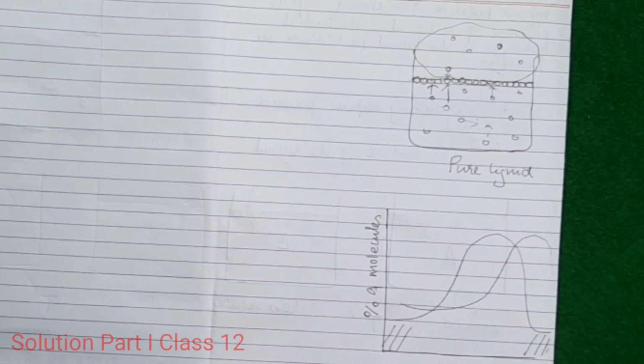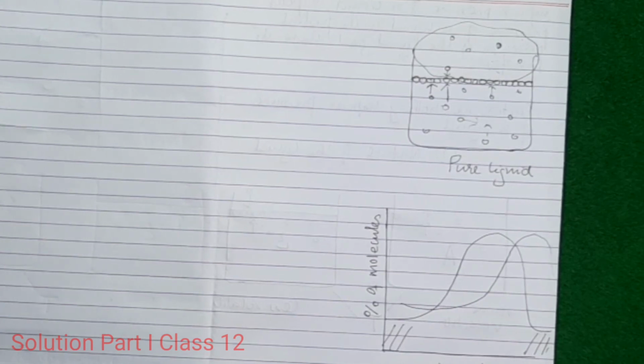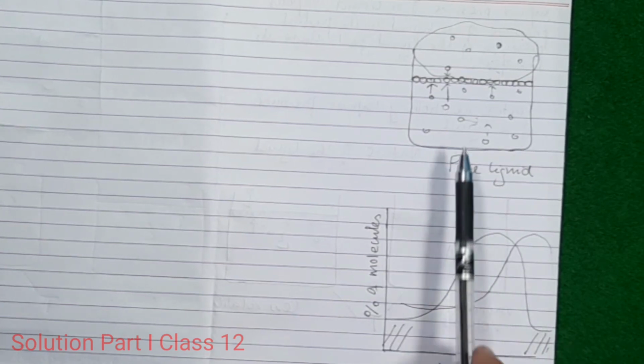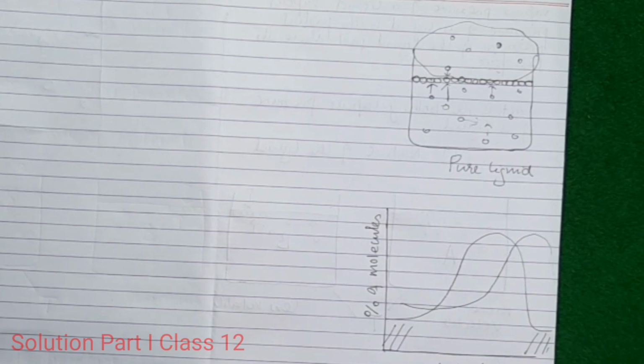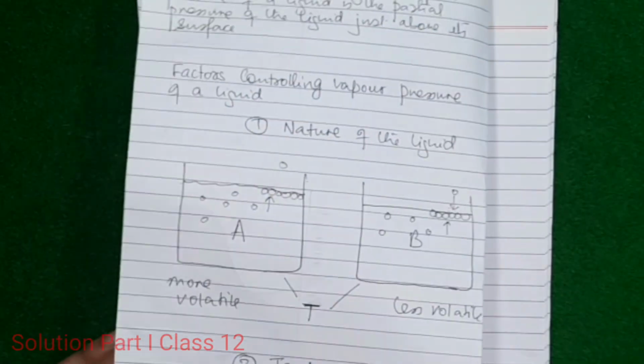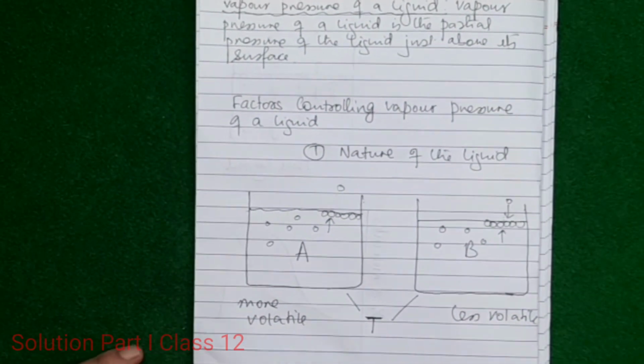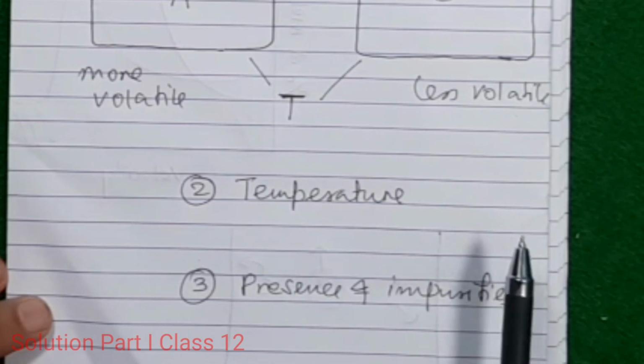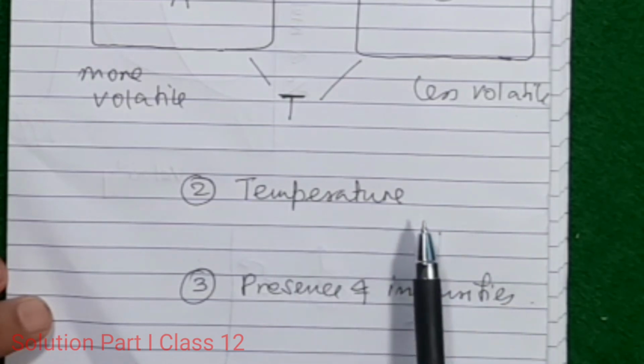As the temperature rises, more and more molecules acquire the required velocity to cause evaporation, and that's why a higher percentage of molecules can evaporate, and that way vapor pressure, or amount of vapor, keeps on increasing with the rise in temperature. So remember, the amount of vapor formed by the liquid increases on increasing temperature because of increasing molecular velocity.